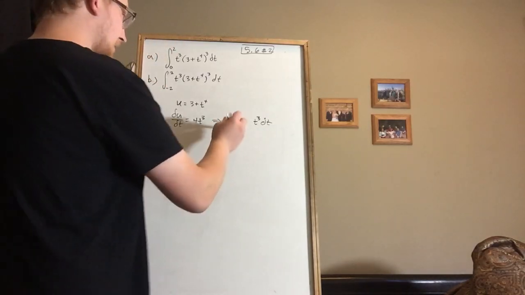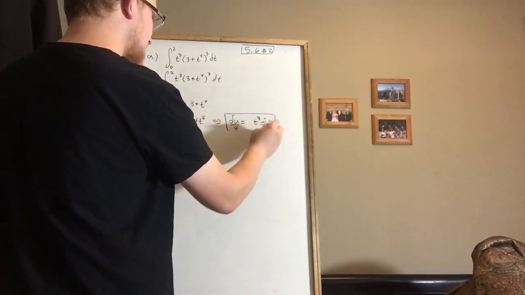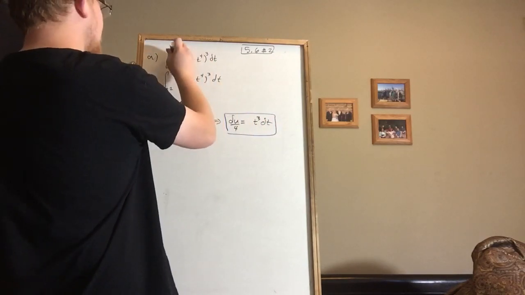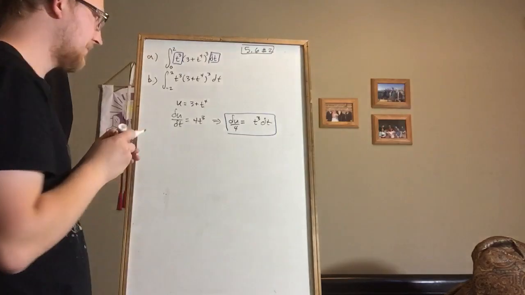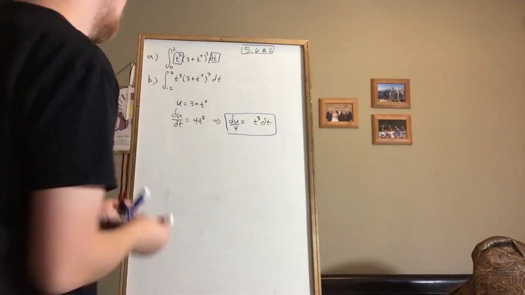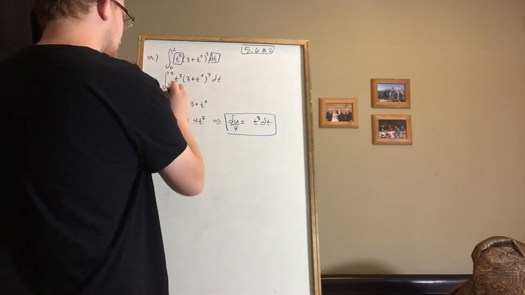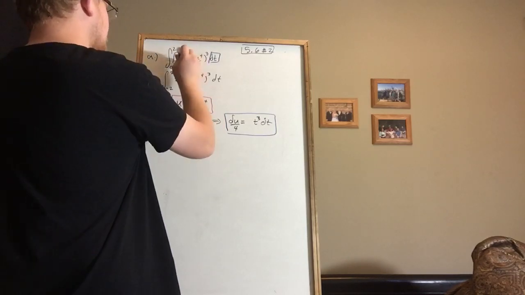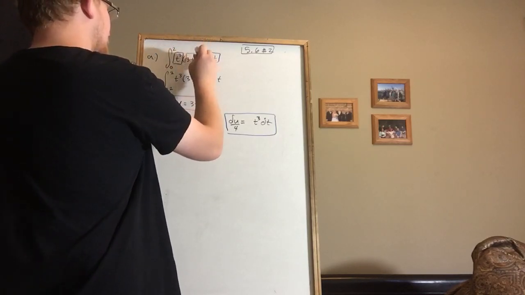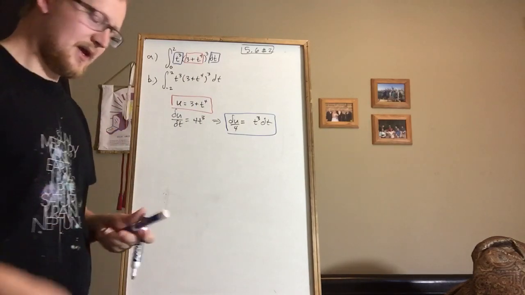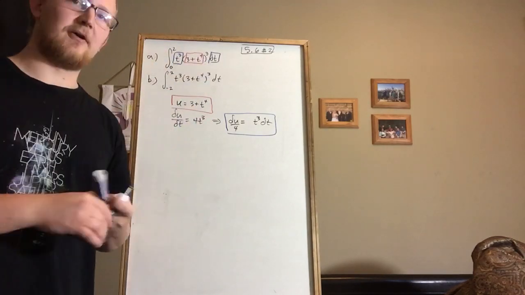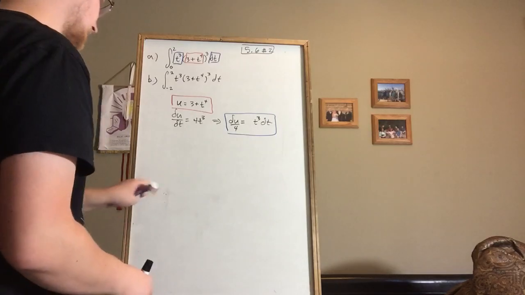Well, now this part, du fourths, we'll substitute in for t to the 3 dt. And our u substitution, we'll substitute in for the inner term here, 3 plus t to the 4. And we're going to leave it to the third power because we can deal with that using the reverse power rule.